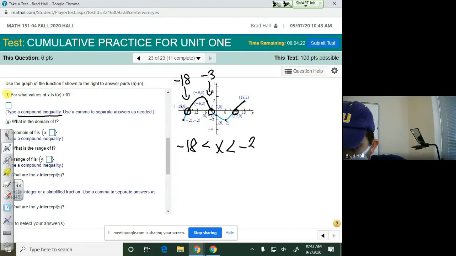And we put it as a compound inequality, where we do not put equal to signs because we are simply looking for when the function is greater than 0, not greater than or equal to. We will use a comma and then refer to this segment over here.